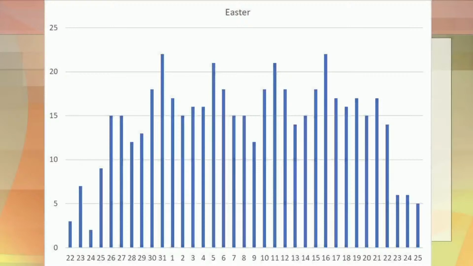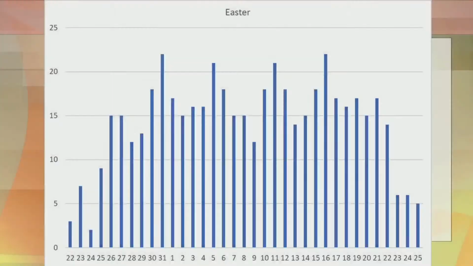Here's a distribution of Easters from 1600 to 2100, according to the census, oddly enough. So I actually have a link here to the census where I got this data. And then I just put it into a little graph here. So this is the number of times Easter is celebrated on the 25th during those 5 centuries. Looks like 5 times during those 5 centuries, it's on the 25th of April.